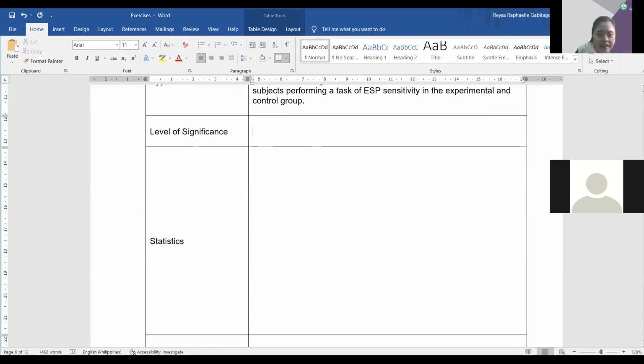What was that again? Efonda? Ano nga yung sabi ko kanina for the level of significance? Gazelle is not around. I think I called her a while ago, pero I think she's not around. Efonda and Leslie, ano nga sabi ko kanina sa level of significance?